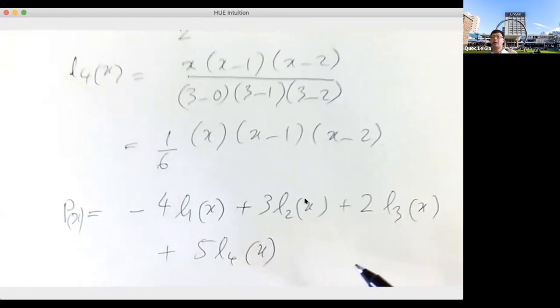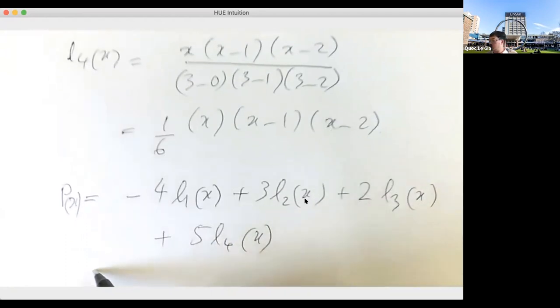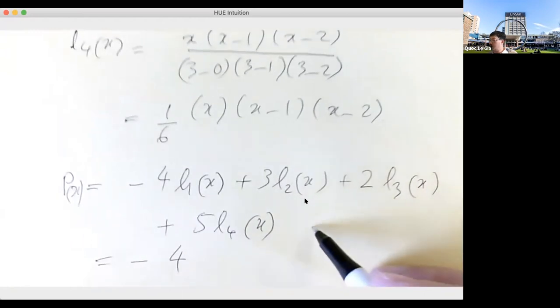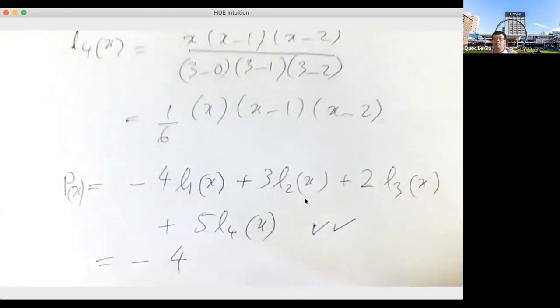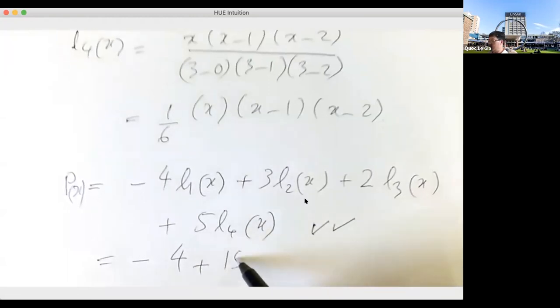So you can expand it out or you can leave it like this, okay? But if you expand it out, then it will be something like this. So you can stop here. But if you're curious, you can expand it out and it becomes minus 4 plus 15x.